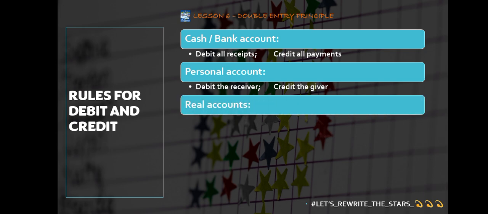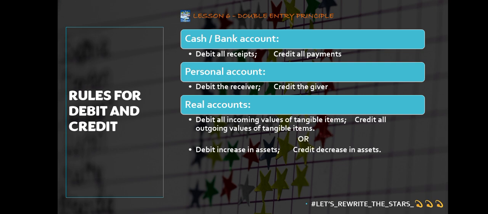Now we go to the third part of the rules for debit and credit, which has to do with real accounts. When we look at the transaction and identify a real account inside, this is what we will do.